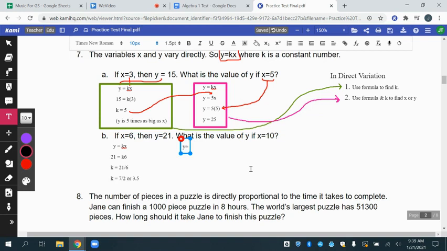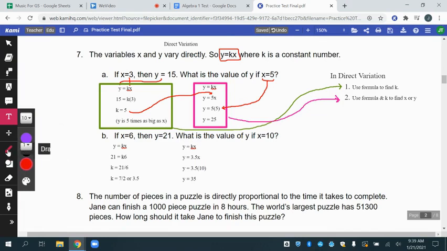Y equals KX. K is 3.5, so this is really Y equals 3.5X. And X is 10. Y equals 3.5 times 10. That means Y equals 35. Boom, that's it.